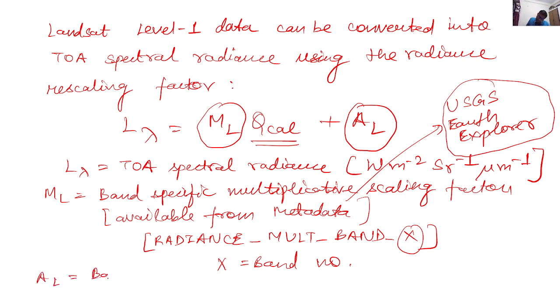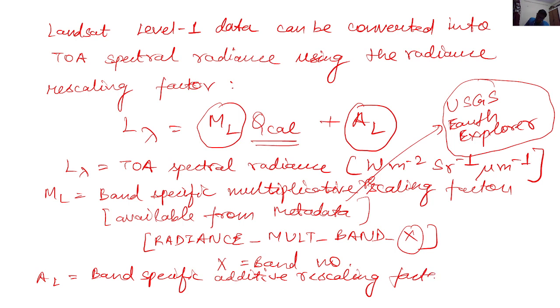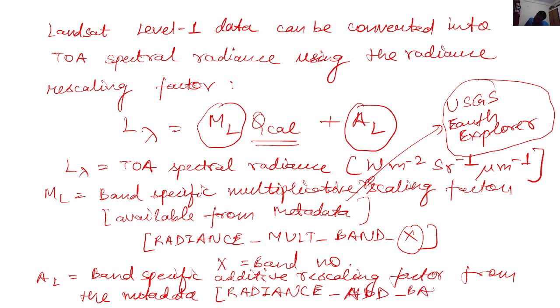AL is the band-specific additive rescaling factor from the metadata again, and this is represented as radiance add band x, where x is again the band number.